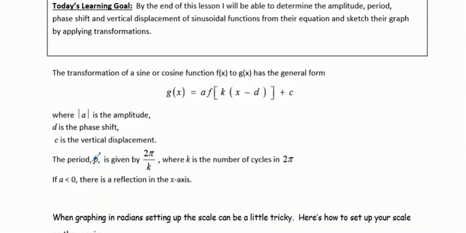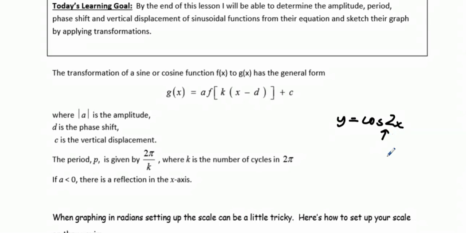And we can get the K value if we know the period, or we can get the period if we know the K value. So for instance, if I gave you y equals cos 2x, K is 2, so we know that there was a horizontal compression by a factor of 1/2.